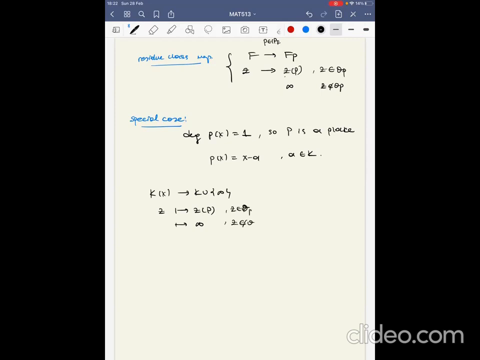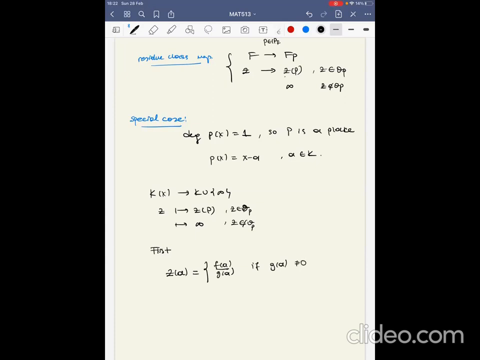This is O_P, this is O_P. What I want to say: first, let me define the evaluation of z at a as f(a) over g(a), if the denominator, the evaluation of g at the point a, is non-zero.